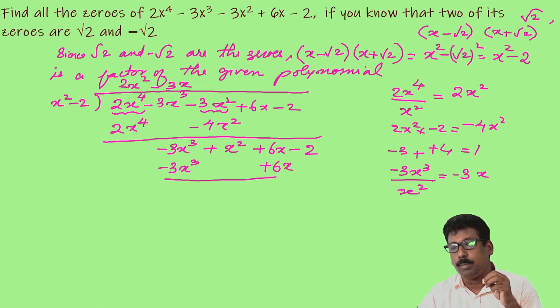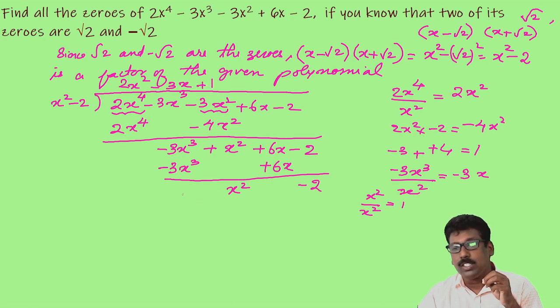Now do subtract. You get x square. 6x minus 6x will be 0. Minus 2. Now here the first term is x square and the divisor also x square, x square by x square you get 1. So the third term of the quotient will be 1.